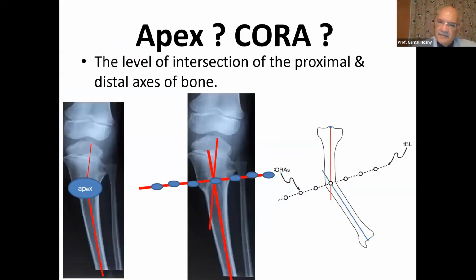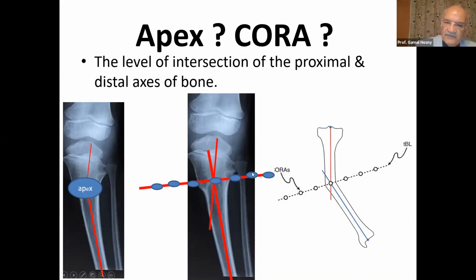Again, the apex of the deformity, the CORA, is at the level of intersection of the proximal and the distal axes of the bone. This is the apex of the deformity. If you draw the proximal anatomical axis and distal anatomical axis, they meet each other in the middle, and we draw the transverse bisector line.